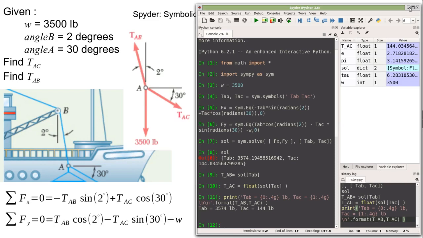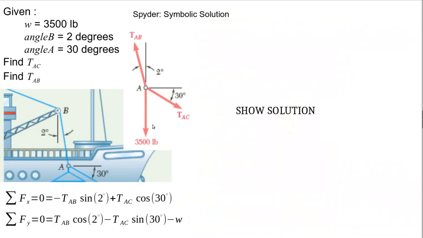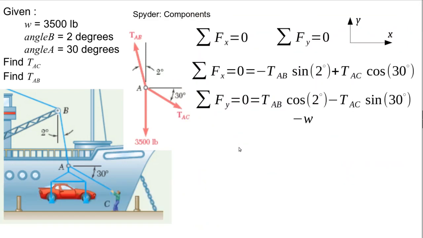Let's look at another method for solving this problem. We'll go back up to our 2 equations and 2 unknowns. But we want to rewrite it in standard form.